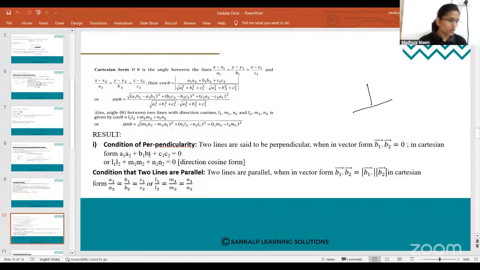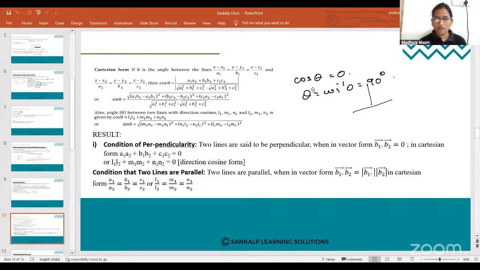If a1 a2 plus b1 b2 plus c1 c2 becomes equal to 0, then cos theta equals 0, correct? Then theta will be cos inverse of 0, which is nothing but 90 degrees. That means the angle between the two lines is 90 degrees.